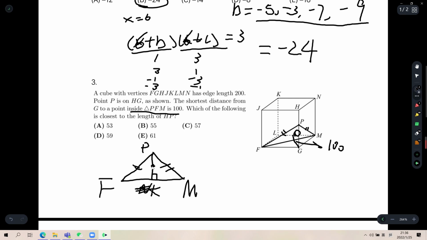Okay, so what we can find here is there is a 100 centimeter, 100 length line here.